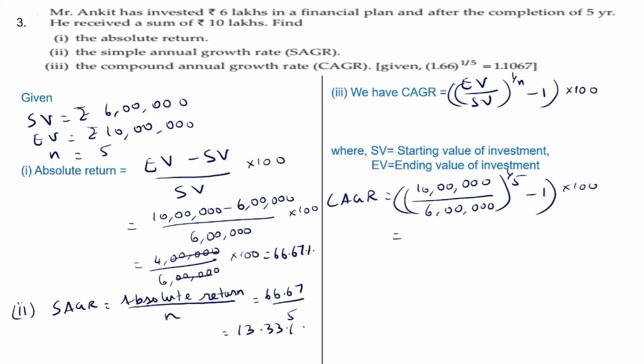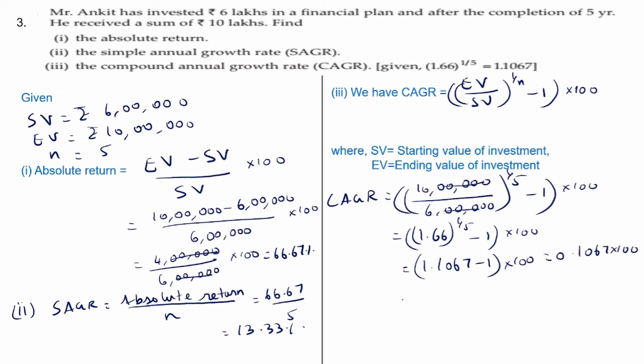When we simplify, we get 1.66 the whole raised to 1 by 5 minus 1 into 100. The value of 1.66 the whole raised to 1 by 5 is given as 1.1067. So it is 1.1067 minus 1 into 100, which is 0.1067 into 100. This is 10.67%. So this is the compound annual growth rate.